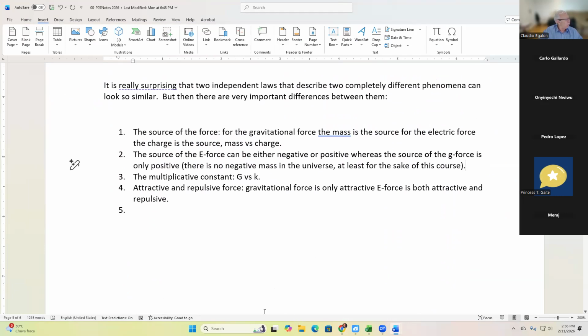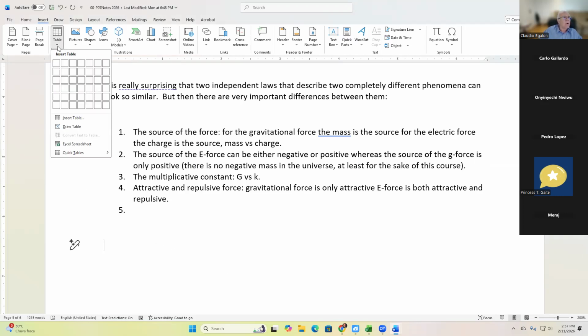Attractive. Okay, so those four points I want you to remember, and we can construct a table to compare those two theories. Okay, so let's go get a table.